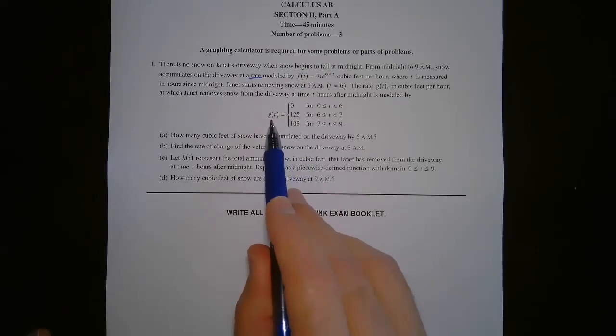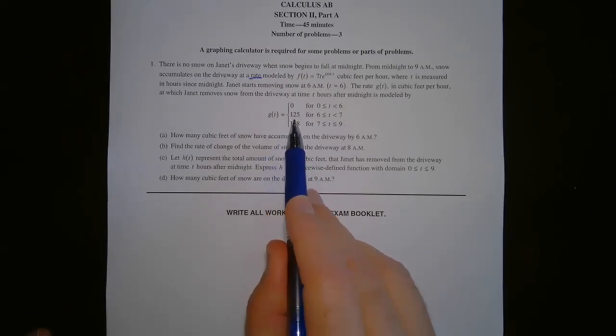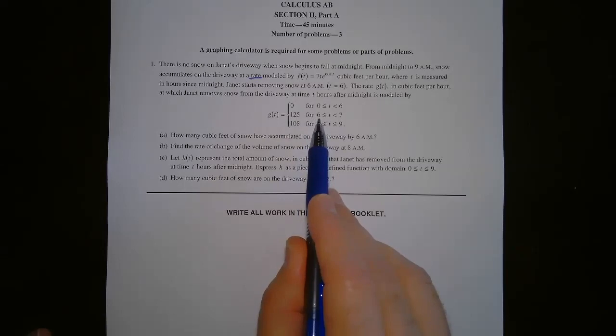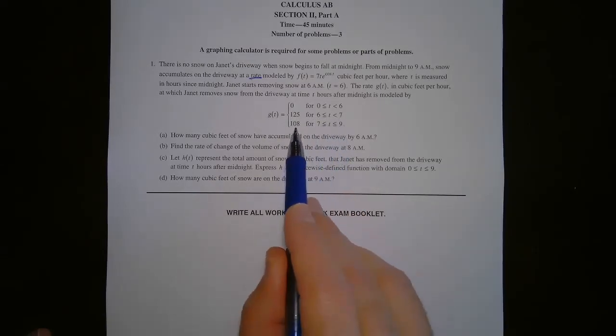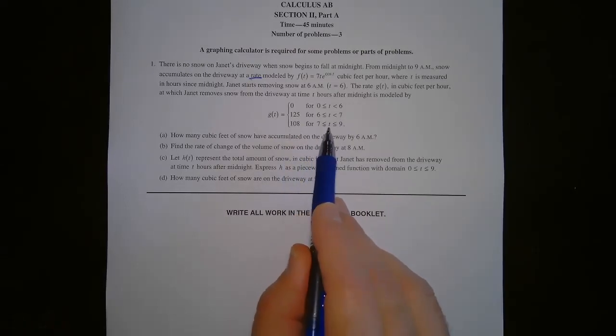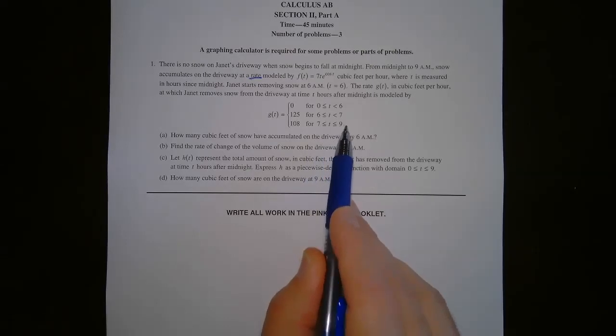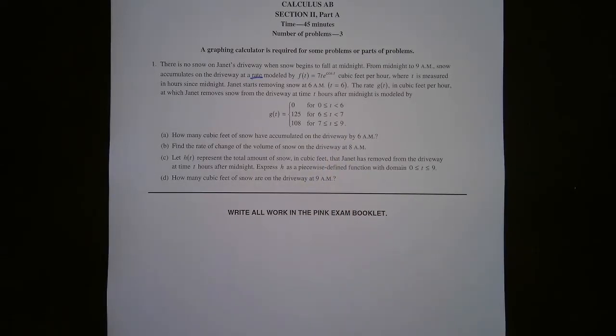Then g of t is equal to 125 for 6 less than or equal to t less than 7, and then it's 108 cubic feet per hour for 7 less than or equal to t less than or equal to 9. The very first question is: how many cubic feet of snow have accumulated on the driveway by 6 a.m.? So how much has been put onto the driveway?